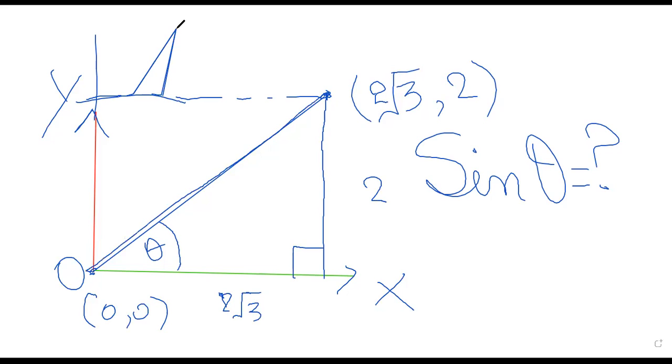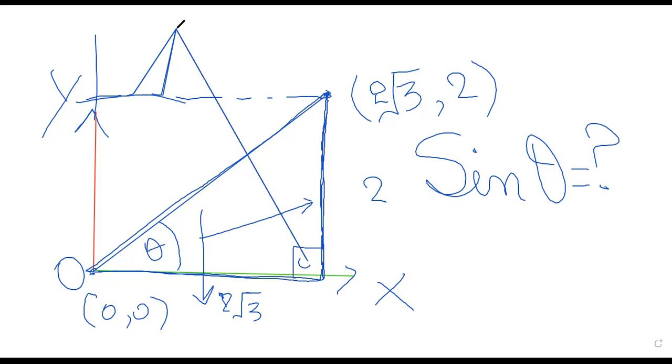These dark lines are clearly showing the right angle triangle. This is the side opposite to theta, and this is the side adjacent to theta, and this is the 90 degrees. So the side opposite to 90 degrees is always the hypotenuse.